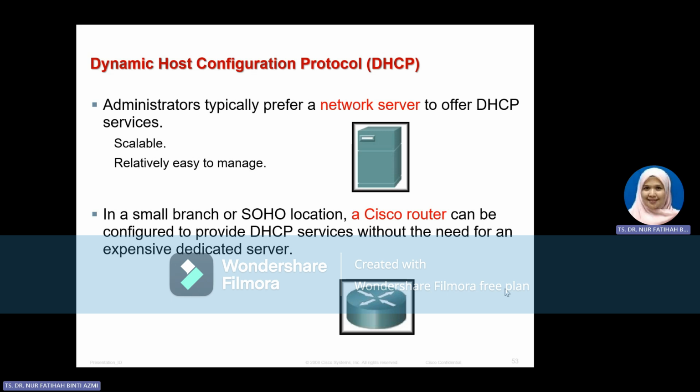The router, which is already a piece of equipment for connecting the small network to the outside world, can also take on the task of managing IP addresses. So while a dedicated server is often preferred for larger networks, a router can be a cost-effective and practical solution for smaller environments.